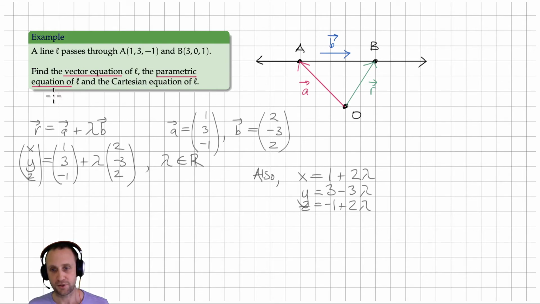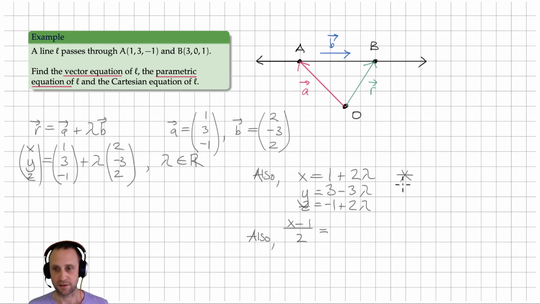And then the Cartesian equation, you can solve for lambda in each of these and then set each of those lambdas equal to each other. So let's quickly do that. If we solve for lambda in this first equation, it's going to be x minus 1 divided by 2. We'll set that equal to the next lambda.